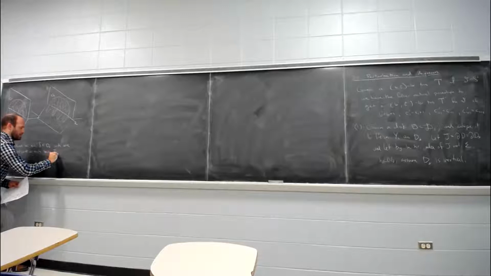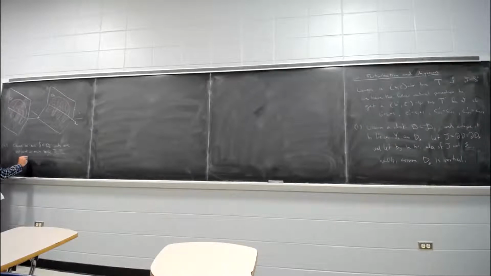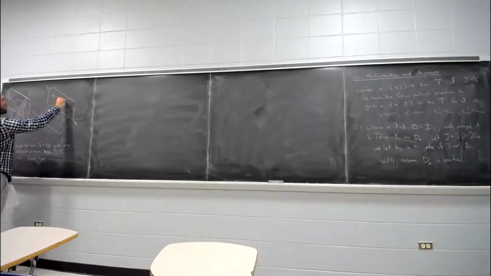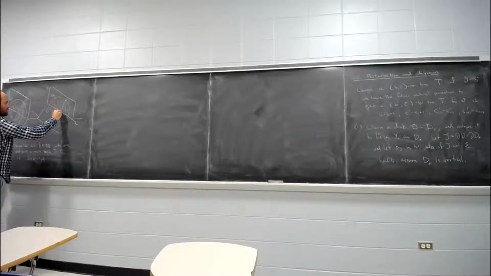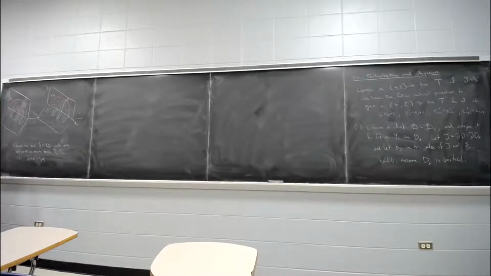So the tangles in this case are T_i and T_{i+1}, such that D star intersects sigma in a point. So we want a vertical arc basically, going from somewhere on the red tangle to somewhere on the blue. So maybe I choose this one right here. This is my delta.